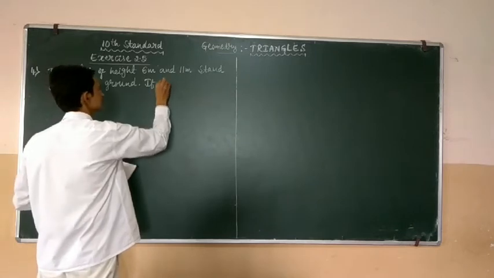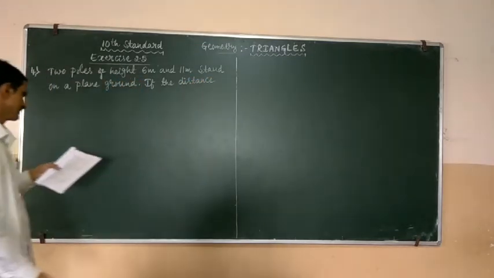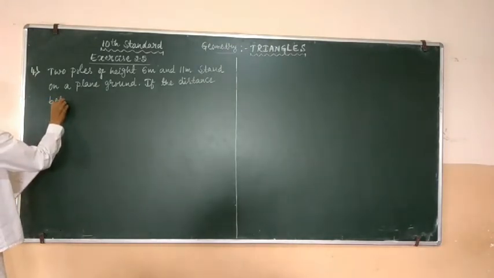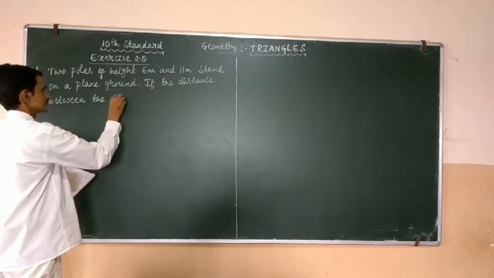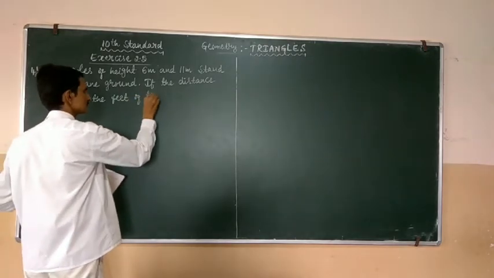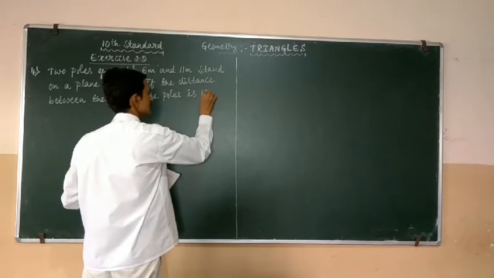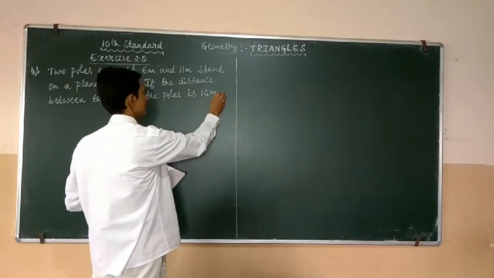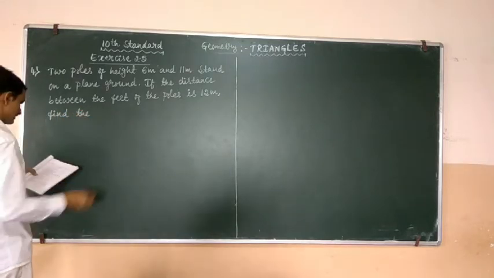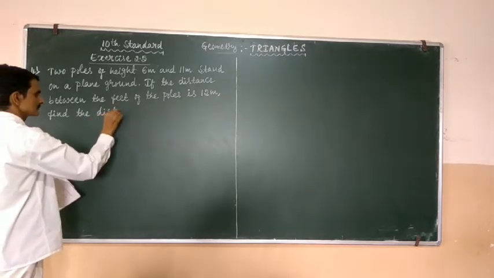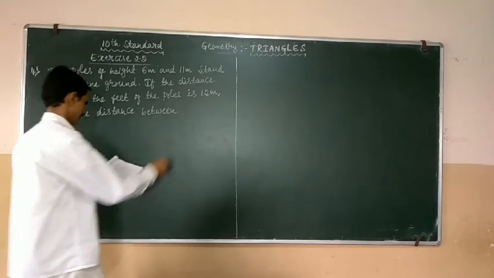If the distance between the feet of the poles is 12 meter, find the distance between their tops.